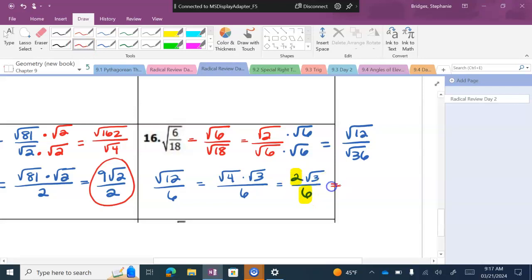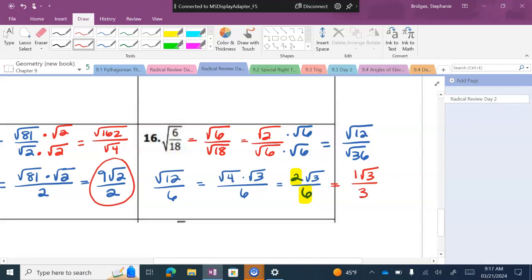So I can simplify them and divide them both by what number? Or put 2 over 6 in your calculator and reduce that. Yeah, they're both divisible by 2, right? What's 2 divided by 2? 1. Okay, that square root of 3 is going to stay. And what is 6 divided by 2? 3.